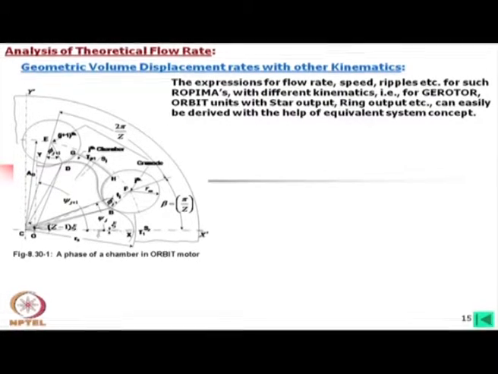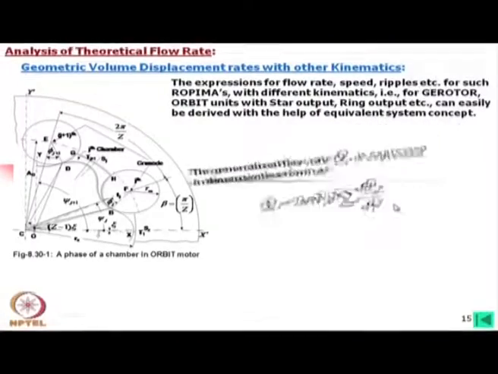Now, what we have done is analyze all such areas with respect to the orbit motor, but if we know the kinematics, the same formula can also be used for the other kinematics, that means G rotor units. How? Let us see.